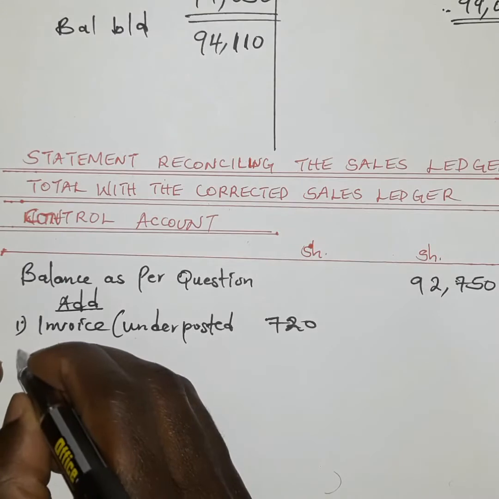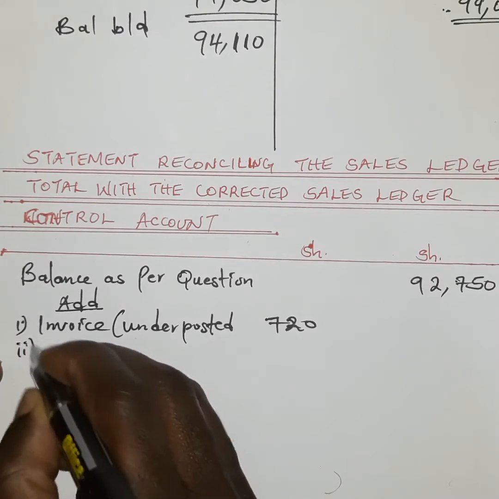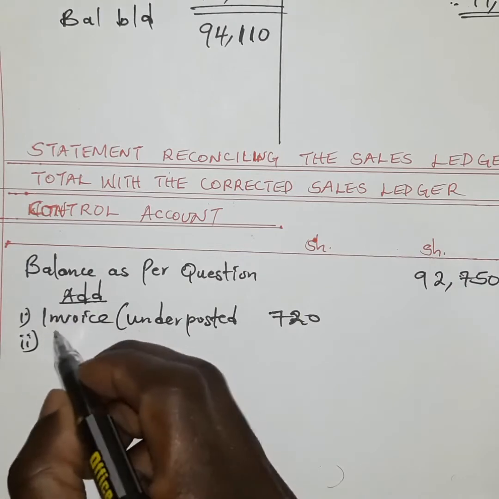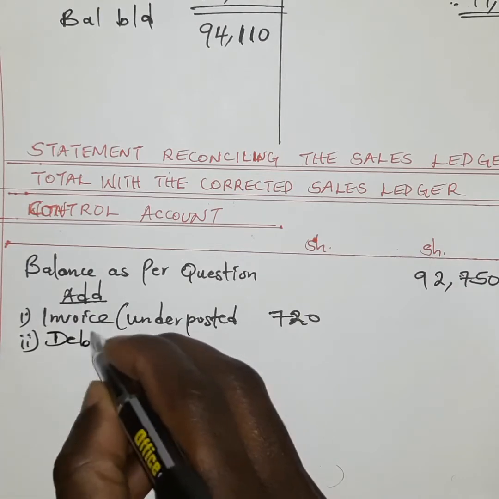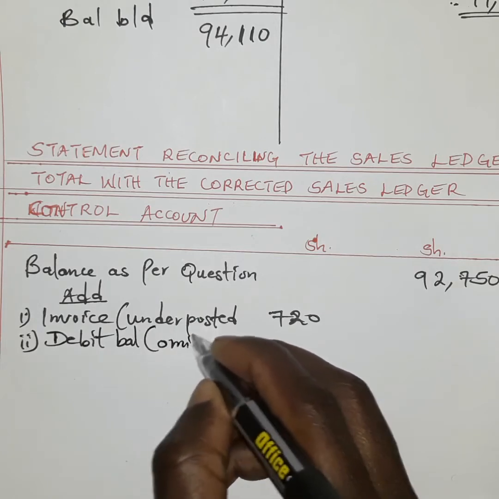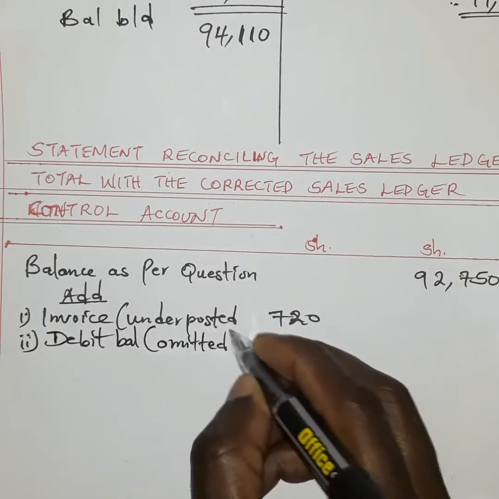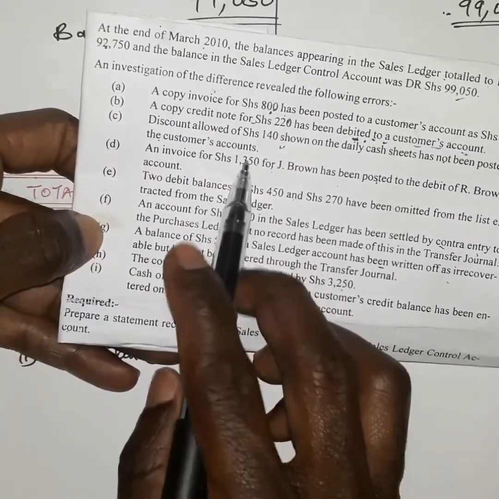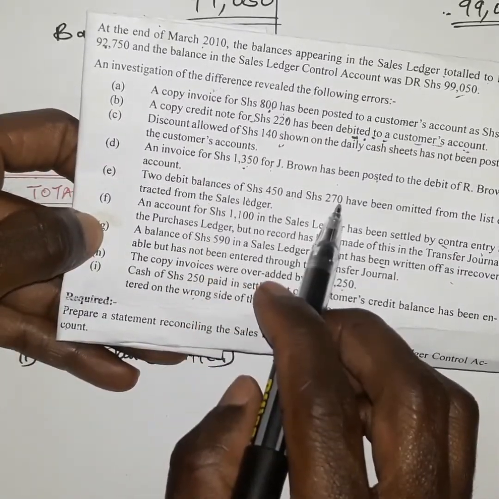So we are supposed to add because it is a debit balance which increases what is in the sales ledger. So a debit balance which was omitted, an amount of 720, which is actually 450 plus 270.